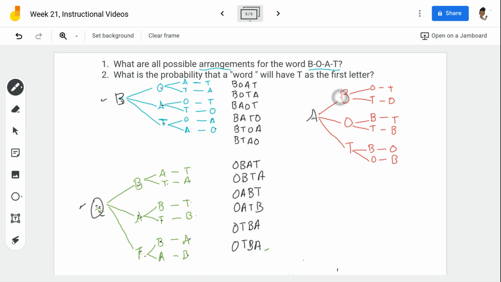I have ABOT, ABTO, AOBT, AOTB, ATBO, ATOB.